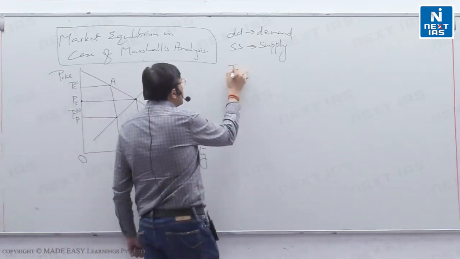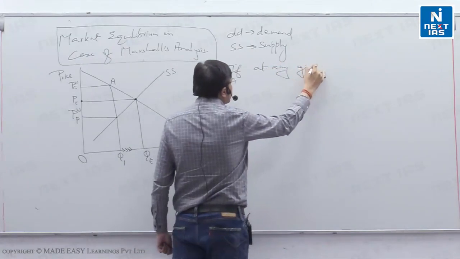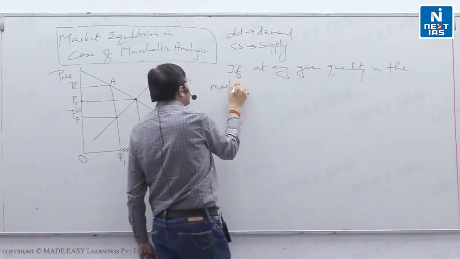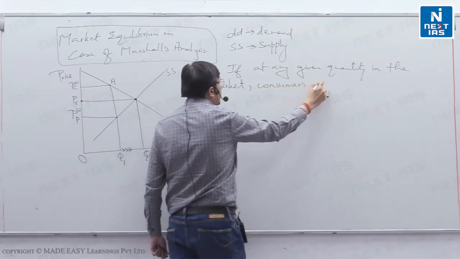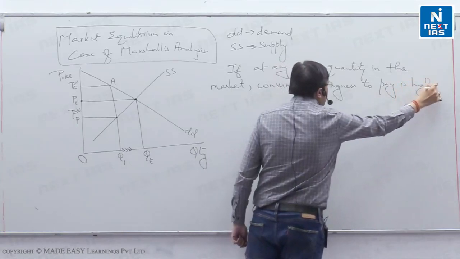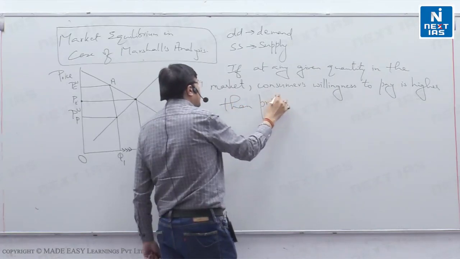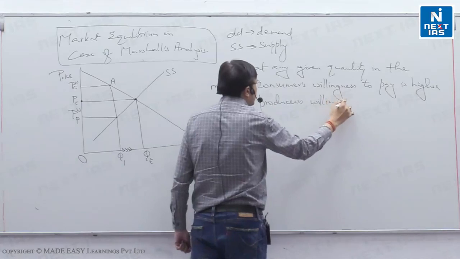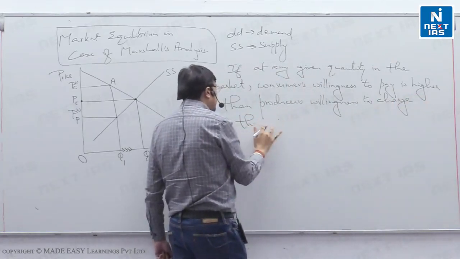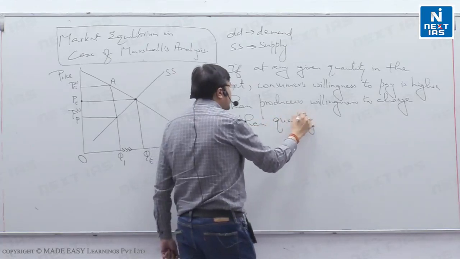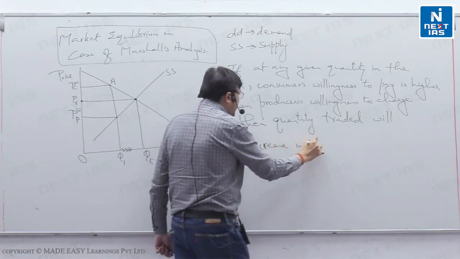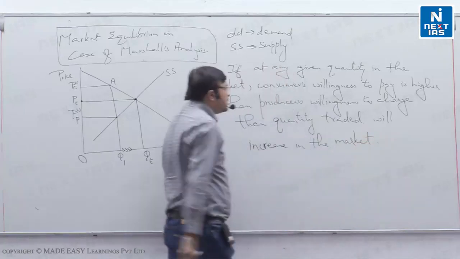That means what I'm trying to tell you is, if at any given quantity in the market, consumers' willingness to pay is higher than producers' willingness to charge, then quantity traded will increase in the market.